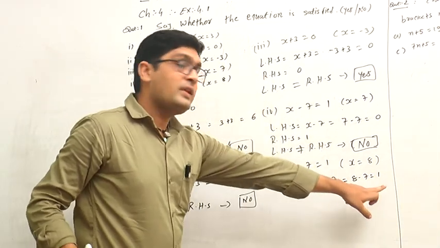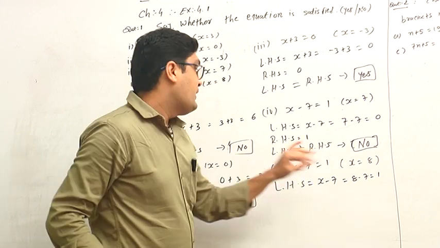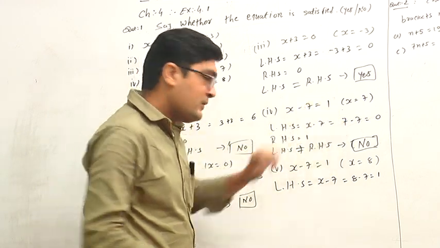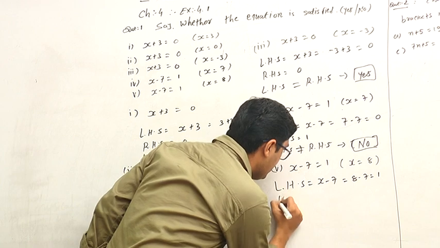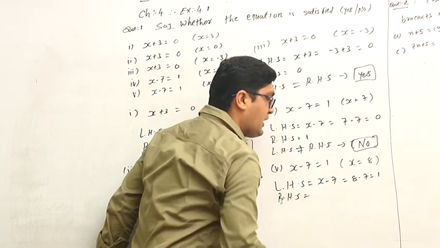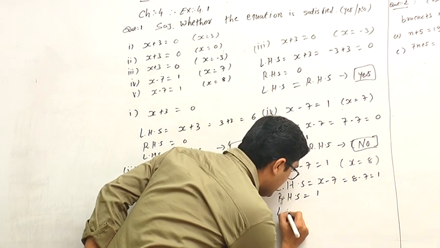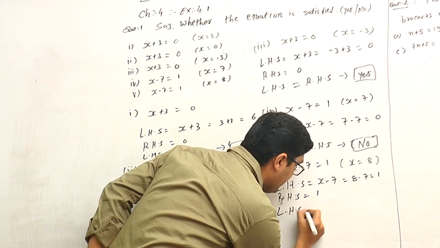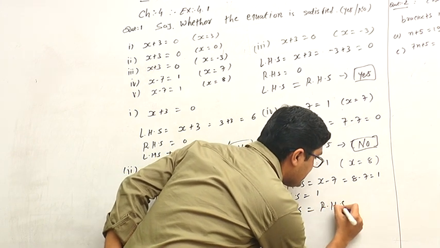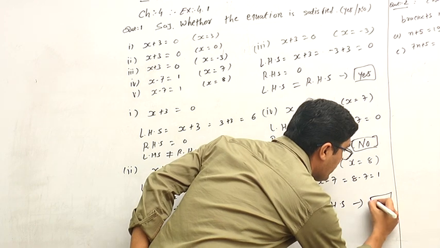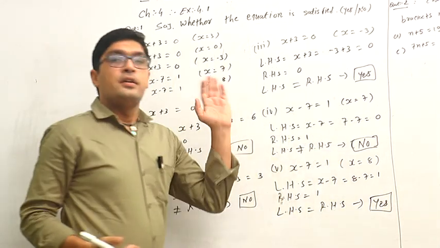So the left hand side came 1. And RHS is equal to 1. So LHS is equal to RHS. So the equation is satisfied. What is the answer here? Yes.